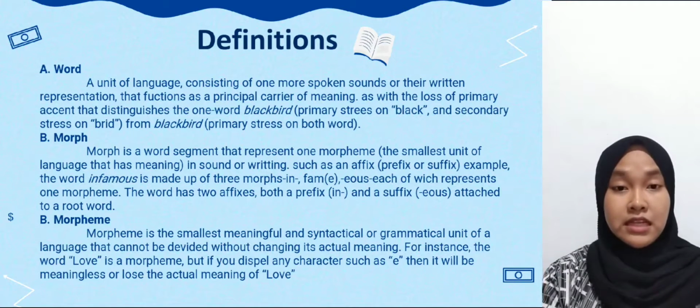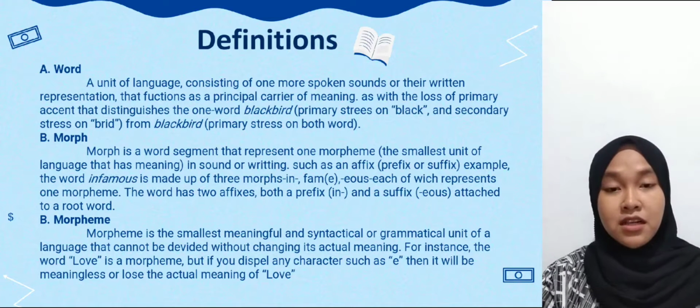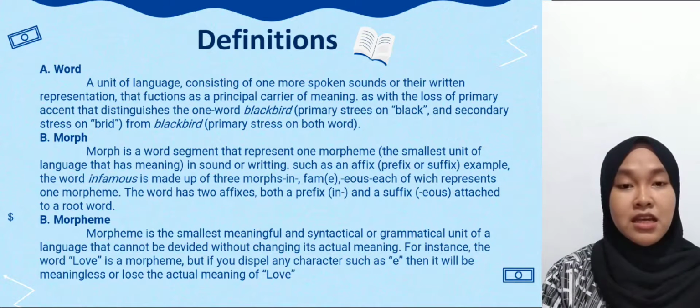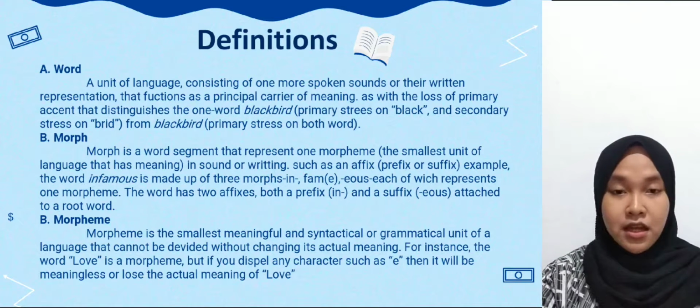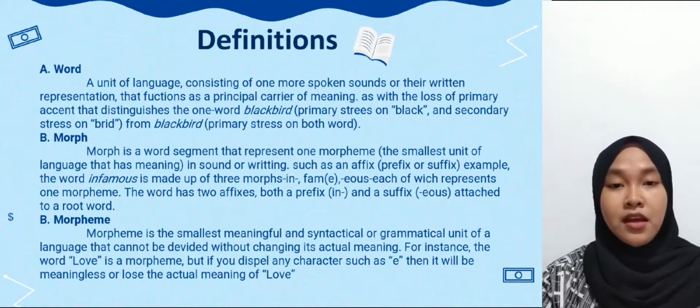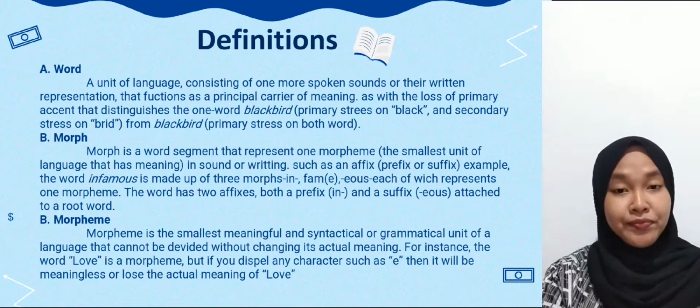And then the third is morpheme. Morpheme itu merupakan satuan unit bahasa terkecil dan tidak bisa dibagi-bagi. For example, happy. Happy itu merupakan satu kata dan memiliki satu morpheme.